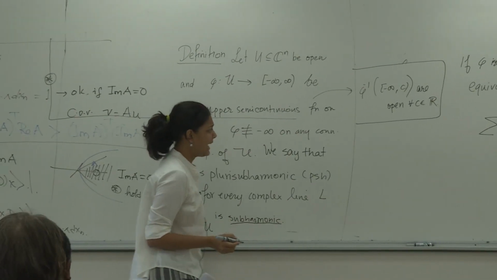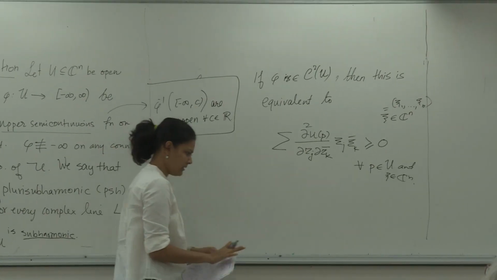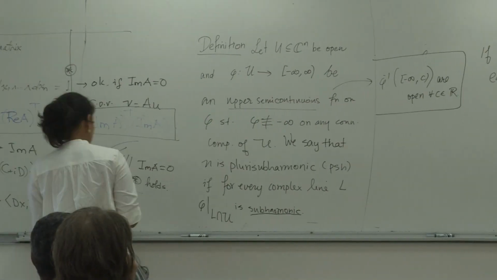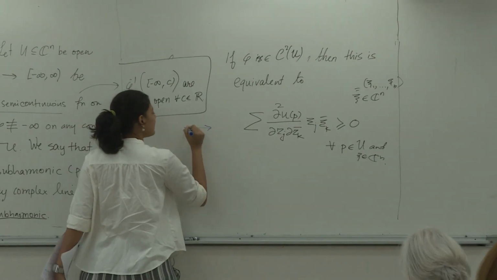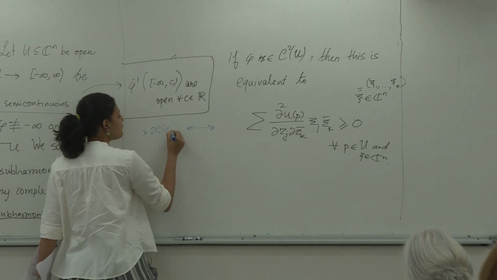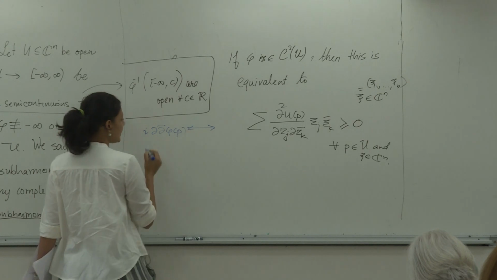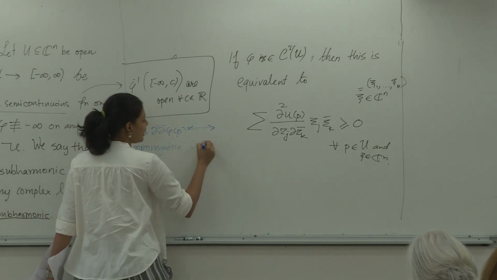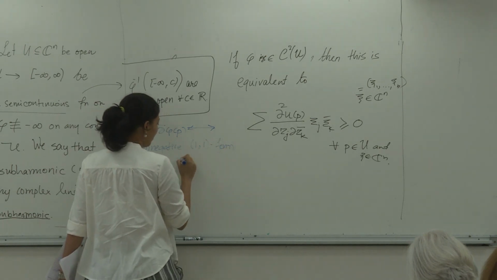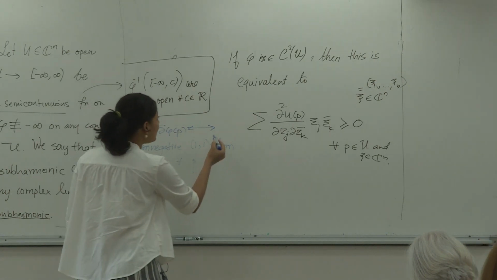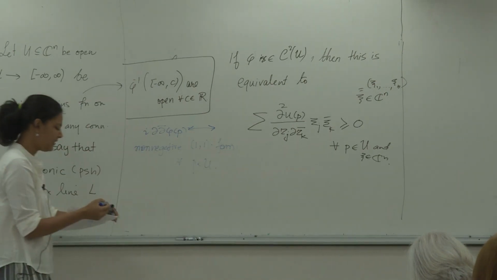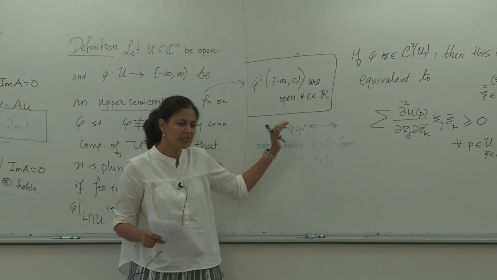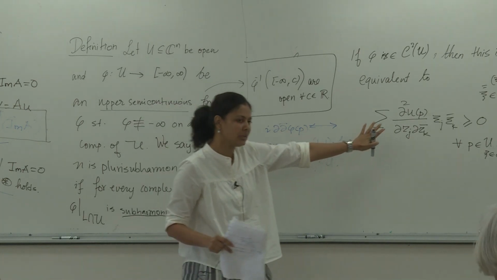And this is the same thing, said in the language of forms, as saying that if I look at i ∂∂-bar phi at p, then this is a non-negative (1,1)-form for all p in U. Usually when people talk in this language they use positive for non-negative, but I'll just say non-negative to be absolutely clear.